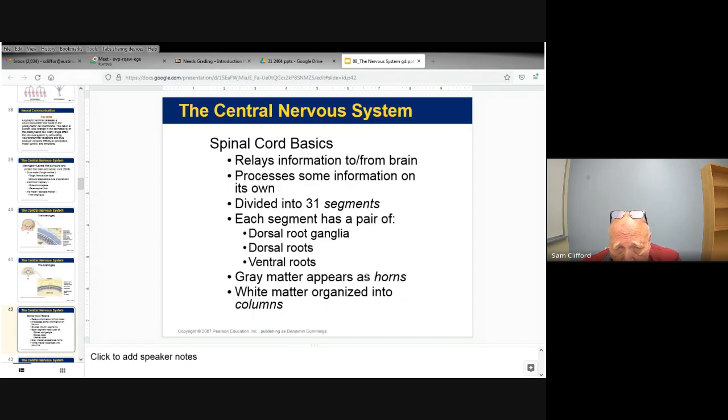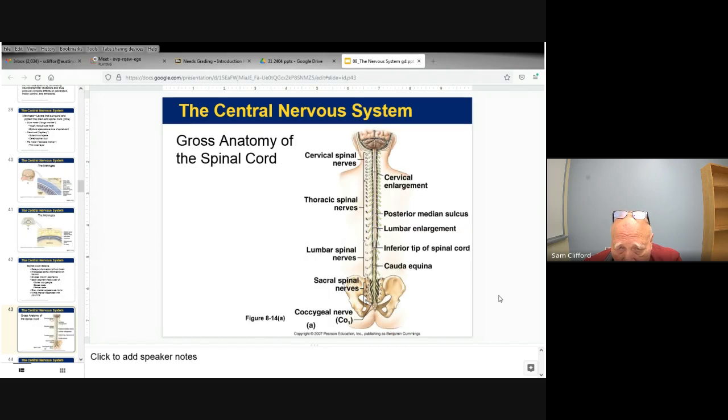So spinal cord basics: relays information to and from the brain, processes some information on its own. There are 31 segments. We'll point out these structures and where the gray matter is in the spinal cord and where the white matter is.